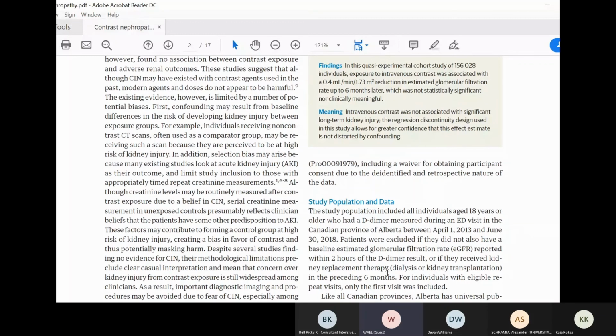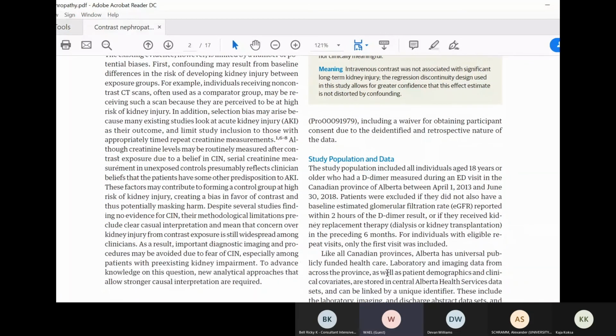So the most common indication for the CTPA is the D-dimer, and they chose a cutoff point of about 500. So patients with a D-dimer above 500 will go for CT with contrast, and then we'll have serial eGFR tests done 7 days after the scan and 6 months after the scan.